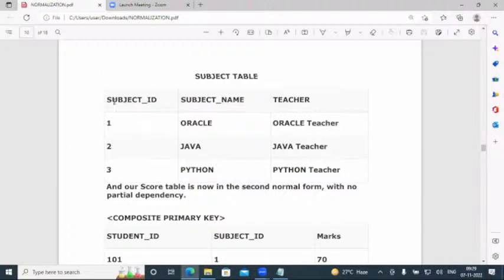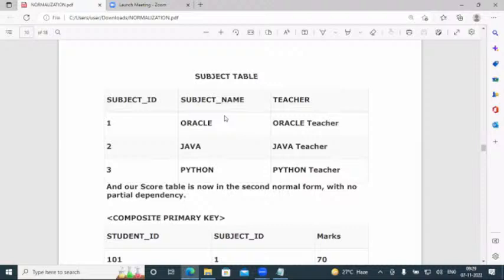Now tell me, based on subject ID, can I get the remaining information about teacher? Yes or no? So in this table, do you have any partially dependency column, or are all fully dependency? All are fully dependency because of the reason subject ID.